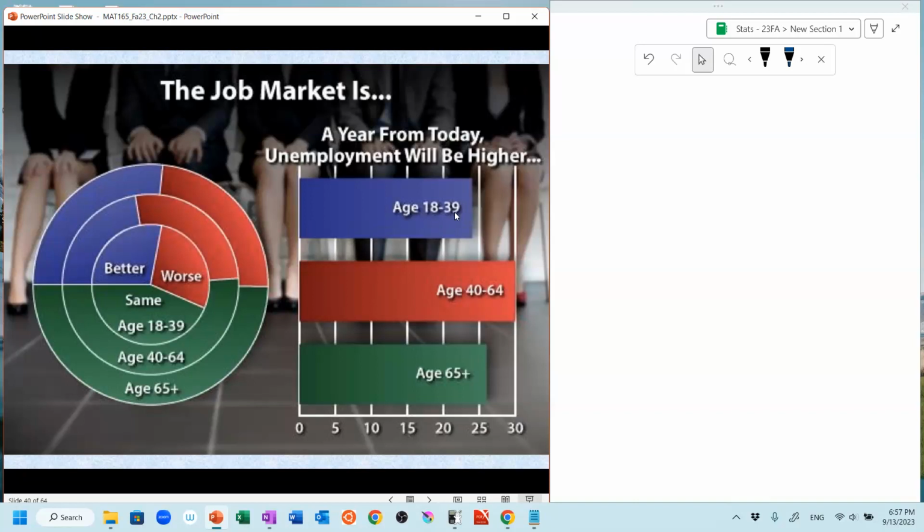So blue is age 18 to 39, red is age 40 to 64, green is age 65 or more. But then over here, blue, red, and green, now they mean something different: better, worse, or the same. The job market is better, worse, or the same as, I guess, a year ago. And the different rings, the concentric rings, represent the different age groups.